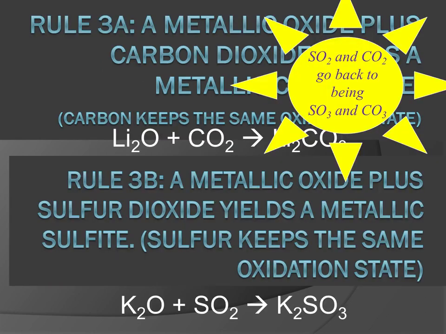If carbon dioxide is combined with a metallic oxide, it makes Li2CO3, which would be lithium carbonate. Same thing. And then down here, we have the same thing we did just a second ago. Metallic oxides and sulfur dioxide will produce the metallic sulfite. This is the same rule, but in reverse for what we had for decomposition reactions.